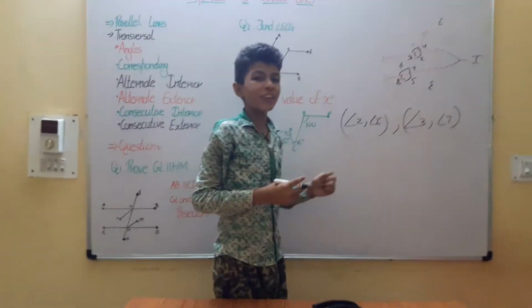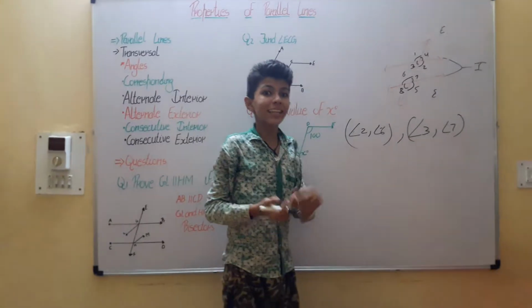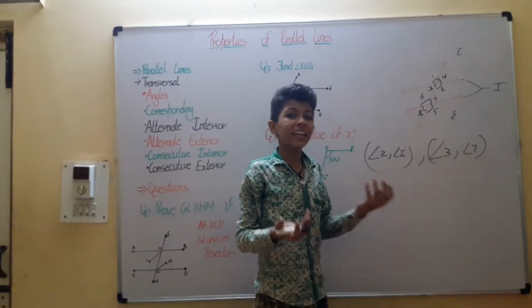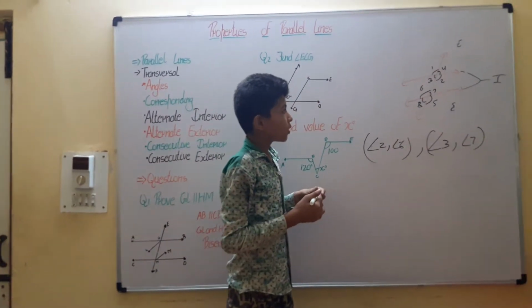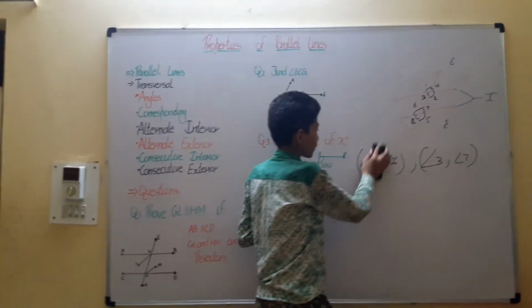So what would be the opposite of alternate interior angles? Alternate exterior angles, which lie outside. Let's see them.